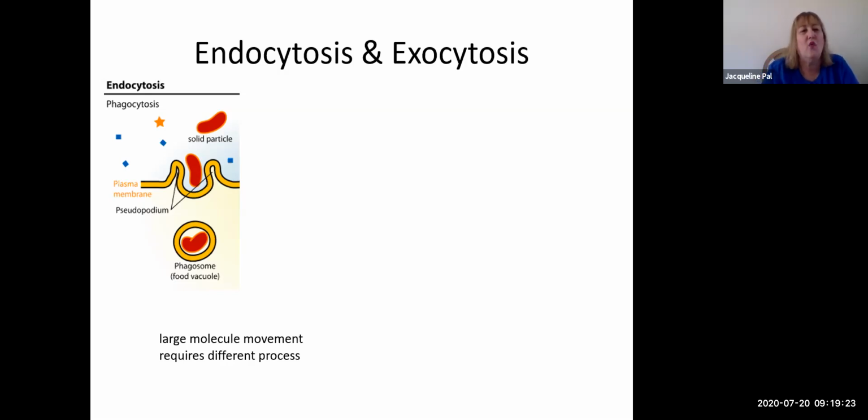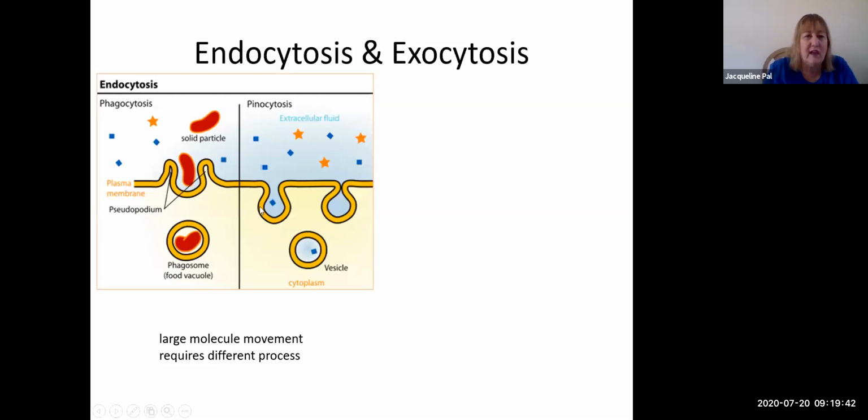When there is a solid particle cruising by your cell, the cell plasma membrane will surround that and engulf it in a process known as phagocytosis. On the other hand, if there is liquid, and there can be stuff dissolved in the liquid, it will not do phagocytosis, but it does the same process, called pinocytosis. So think like wino, only change it to a P. Pinocytosis. So that's how things are entering the cell.